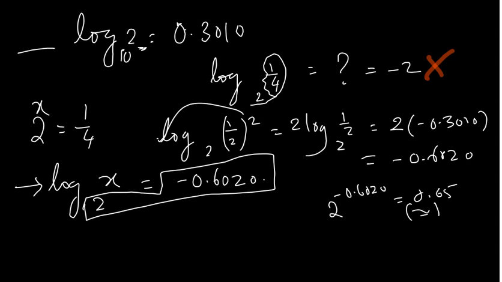How did I do this, right? I assumed this as x: log 1 by 4 to the base 2 equal to x, and I converted it to exponent form. I get 2 to the power of x equal to 1 by 4. That's an exponent form.